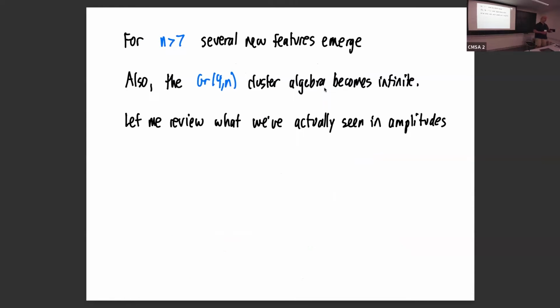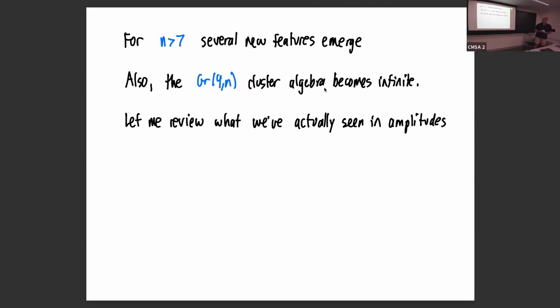All right, but the purpose of my talk is to focus on the new ingredients that emerge when n is greater than 7. The most important new ingredient is that the Gr(4,n) cluster algebra becomes infinite when n is greater than 7. And that reflects additional complexity that we see in amplitudes as well.